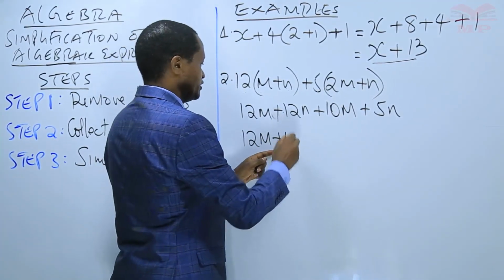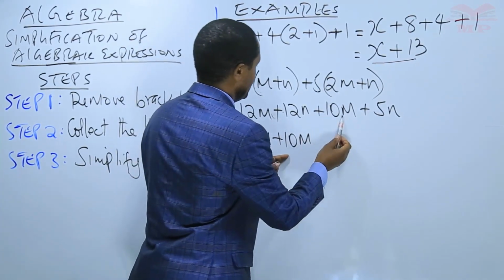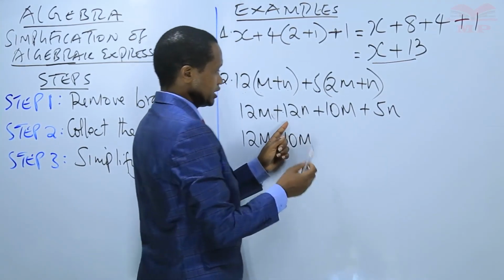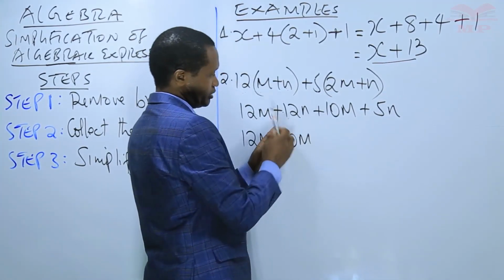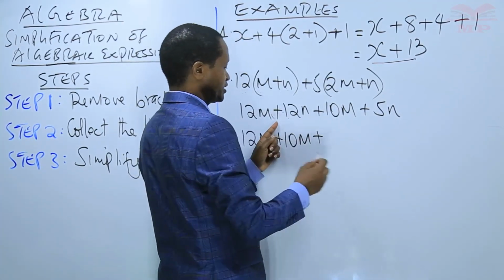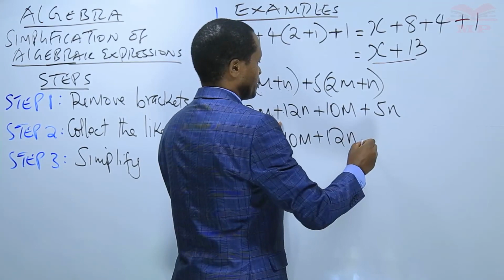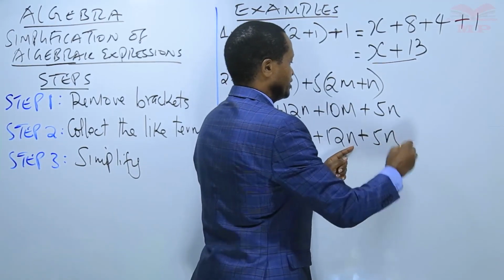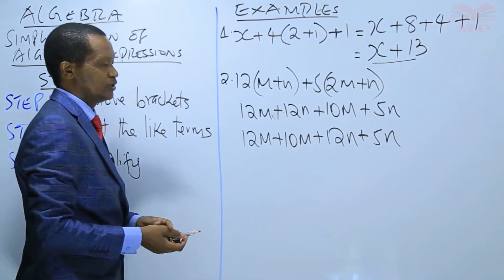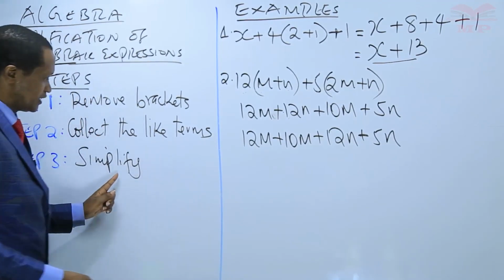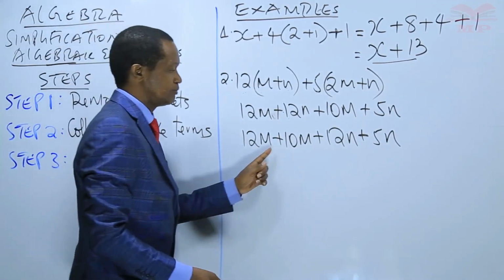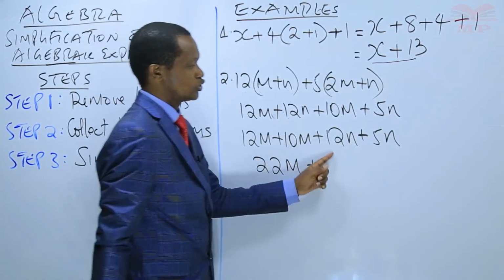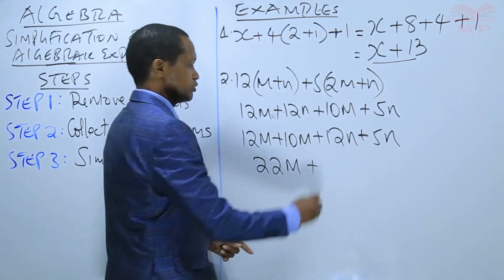Then we collect the terms that have the letter n. So we have 12n, and there's a positive sign here. So we take the positive sign first, plus 12n plus 5n. So we can now go ahead and simplify. We'll add 12m plus 10m, giving us 22m, plus 12n plus 5n is equal to 17n.